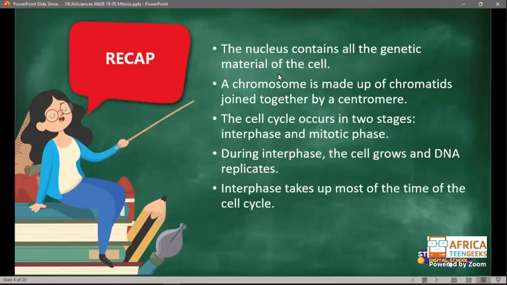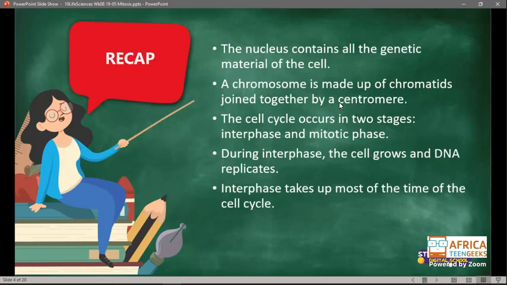So the nucleus of the plant cell and the nucleus of the animal cell are the same. And we also mentioned that a chromosome is made up of chromatids joined together by a centromere. And I told you guys that this word centromere, you shouldn't confuse it with centrosome and centrioles.